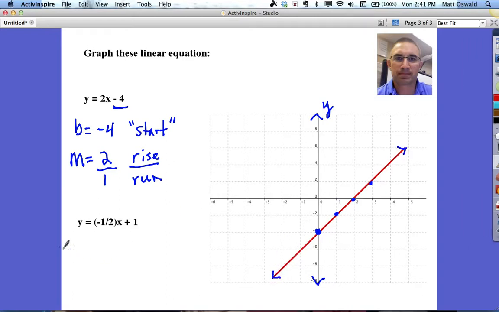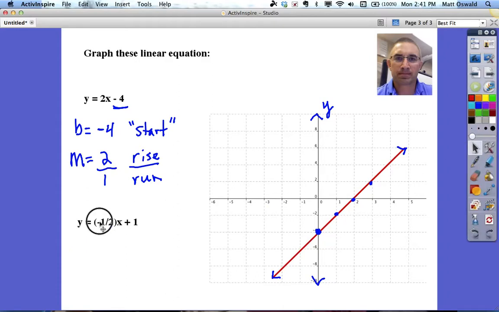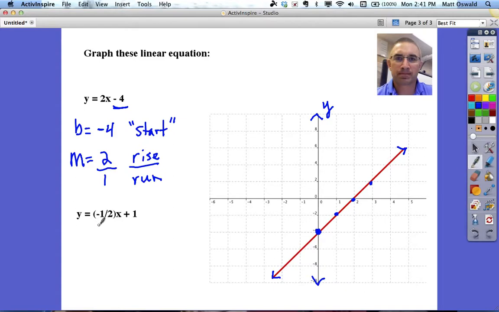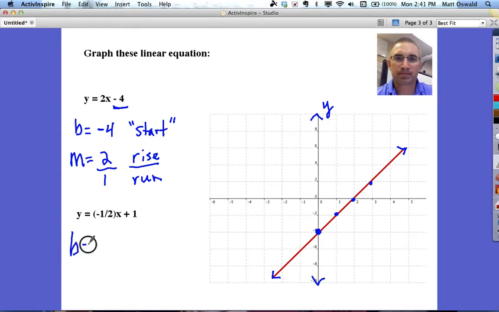And finally, on the bottom, my last equation, y equals negative 1/2 x plus 1. Again, start with b. What's added on at the end? A 1. So that's where I'm going to start. On the y-axis, go to 1.